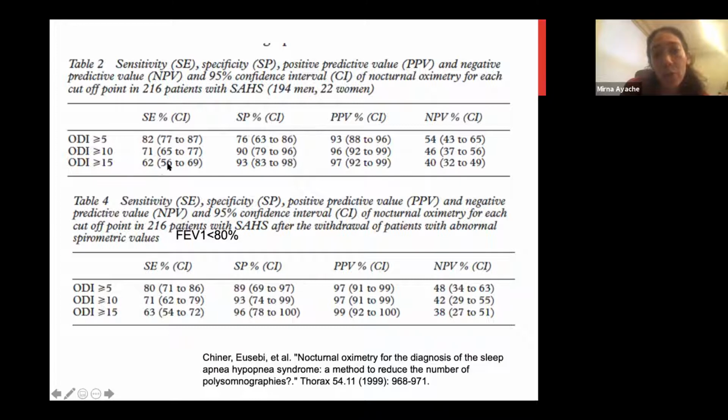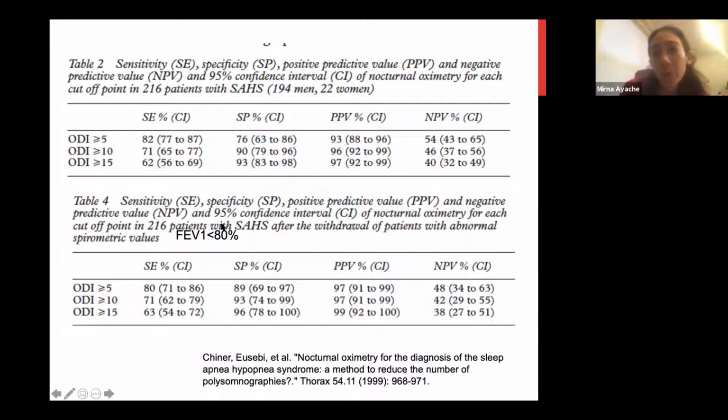If you use the cutoff of 10, your sensitivity will go down, but specificity increases, and so on and so forth. But overall, in this one, if you have an ODI of greater than or equal to 10 on the overnight pulse oximetry, that has a 71% sensitivity and a 90% specificity to detect moderate to severe sleep apnea on a PSG.